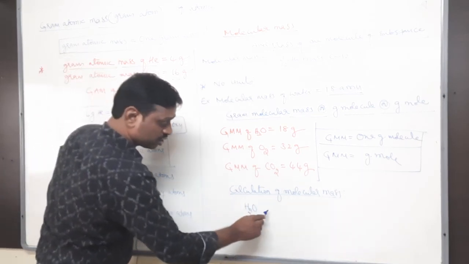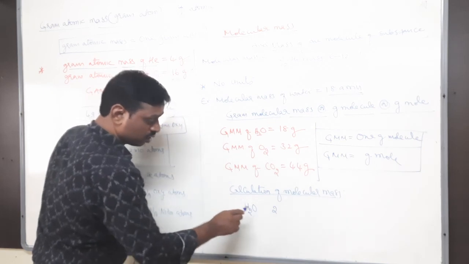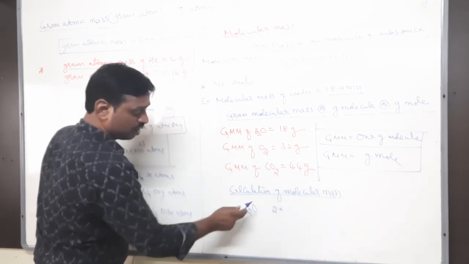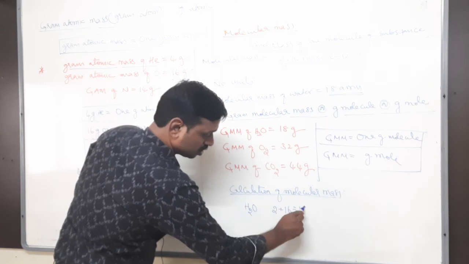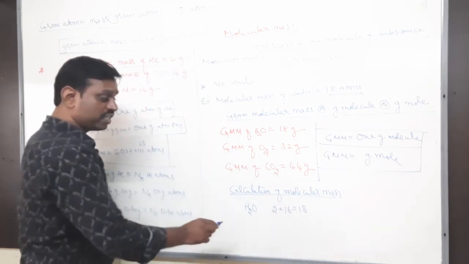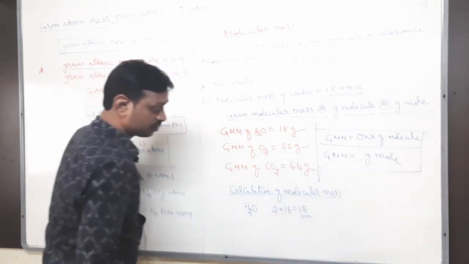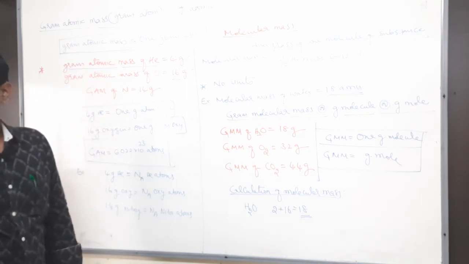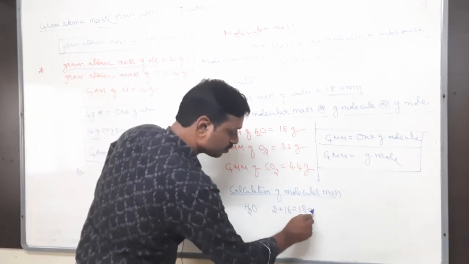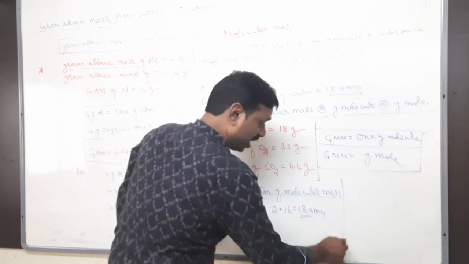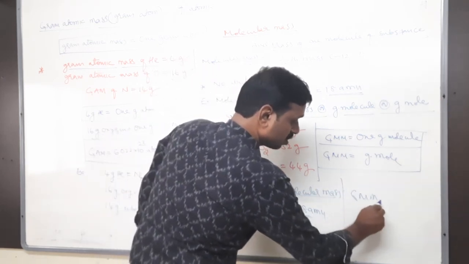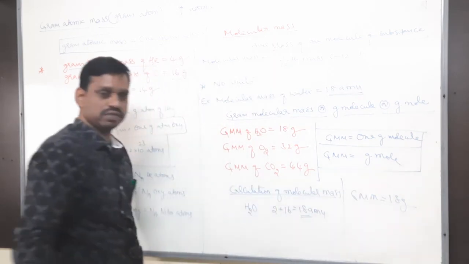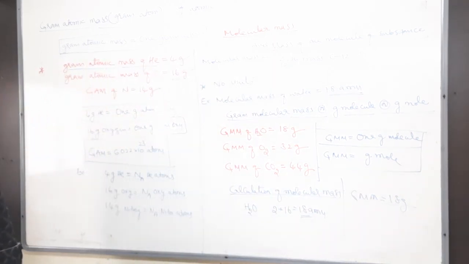Atomic mass of hydrogen is 1, so 2 hydrogen is 2, oxygen 16, total 18. So what is 18 here? It is the molecular mass, of course in AMU. If I ask what is the gram molecular mass, it is 18 grams. You just write grams. That's it. Like this you can calculate the molecular mass of any given substance.